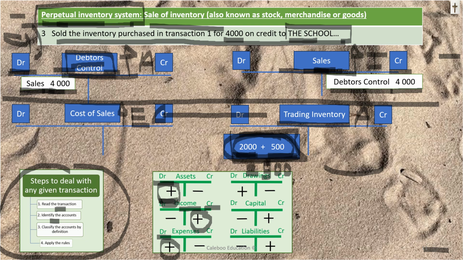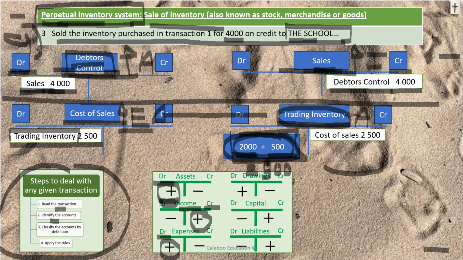This is a very basic example, but what we need to do is expense the trading inventory by opening up an account, cost of sales. Cost of sales gets debited. As I mentioned, an increase in expense, the rule says debit. The contra account, the other account affected by part B, is trading inventory.